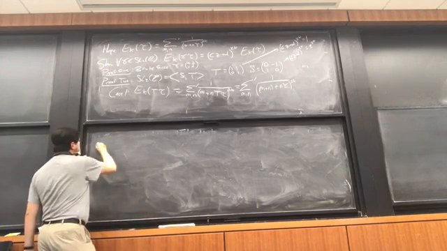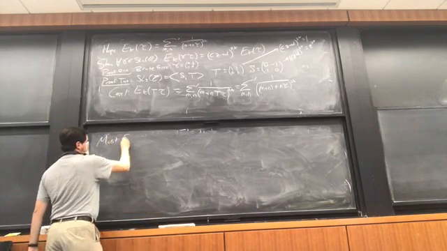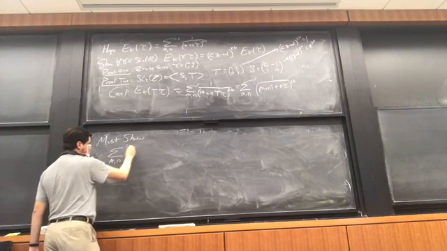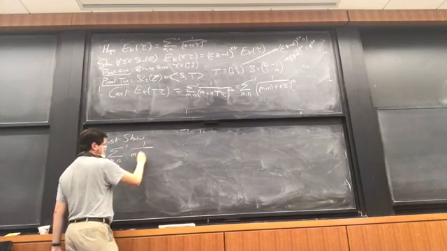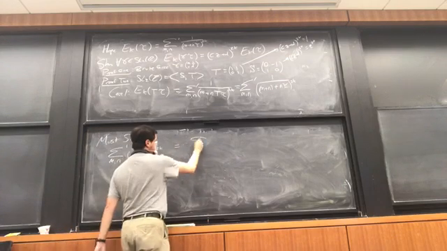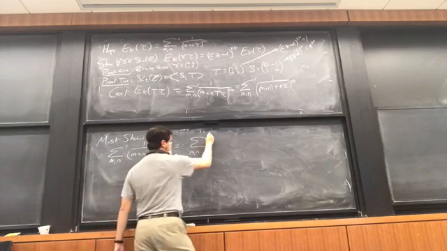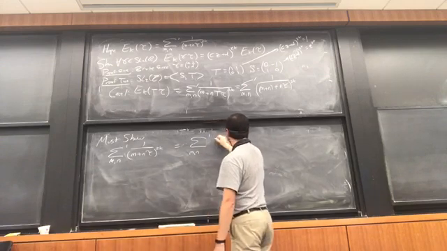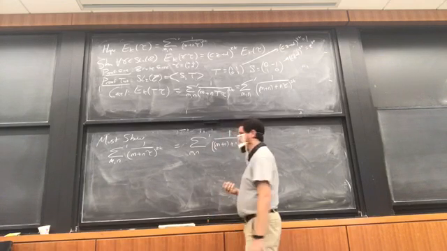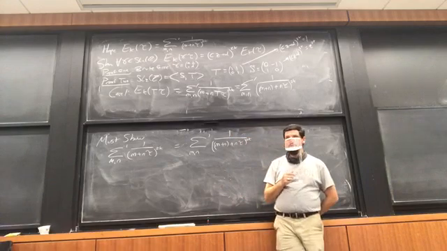So we must show the sum over m, n of 1 over (m plus n tau) to the 2k is the same as the sum over m, n prime of 1 over (m plus n tau) to the 2k. How would you show that these are the same?